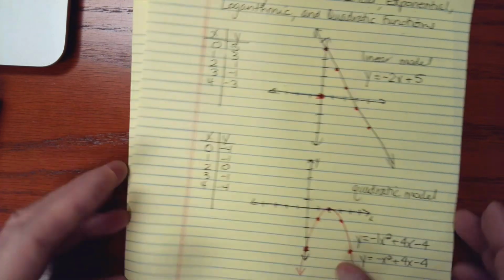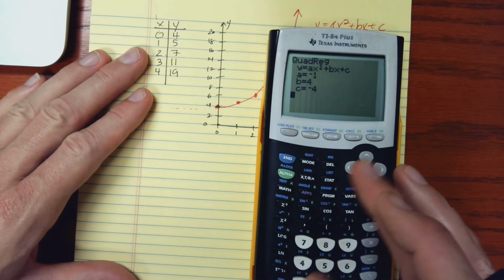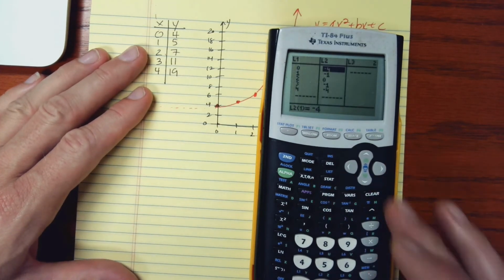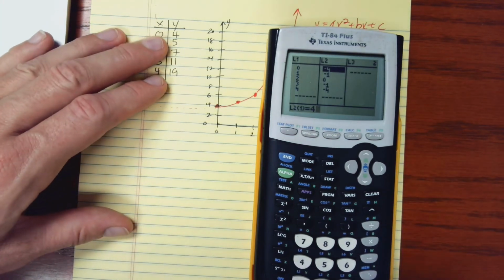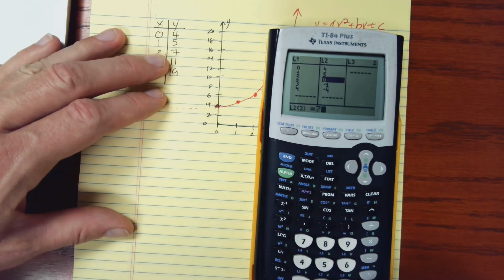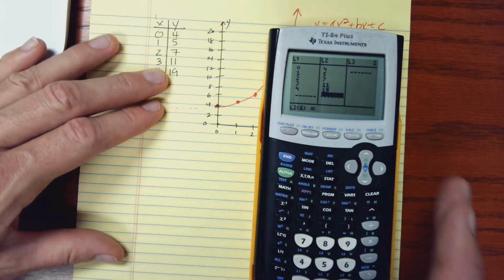And let's do the last one here. I'll go back to stat, edit my table. I still have 0, 1, 2, 3, 4. I'm going to change these to 4, 5, 7, 11, and 19.